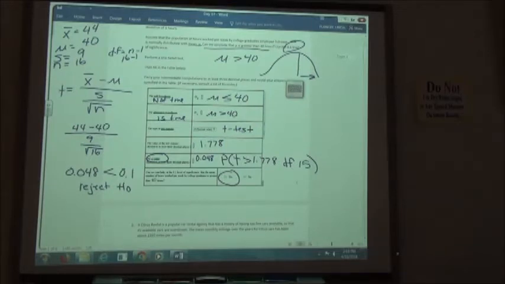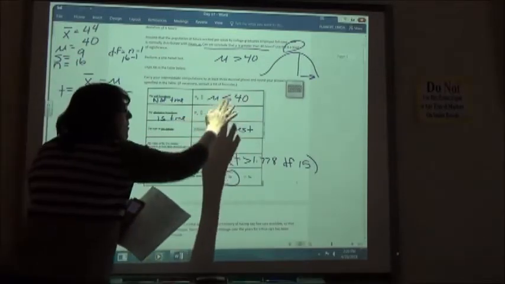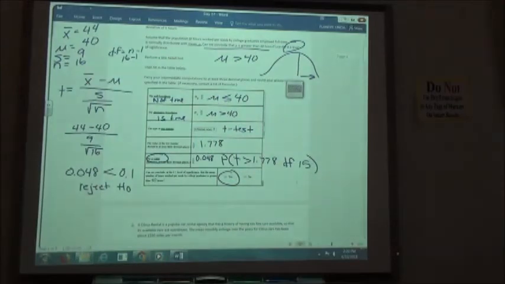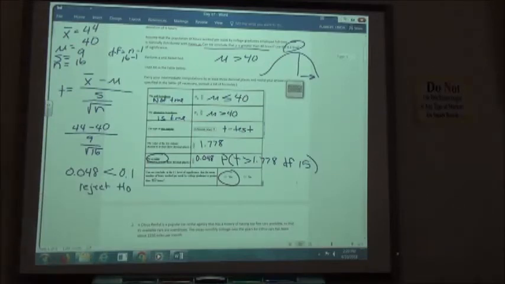And we have the statistics to put in there. So if data is highlighted, cursor over to stats. Okay? So the μ0 is the same thing as the μ here. What are we comparing? That's going to be our 40. X bar, 44, what we had there. Sample standard deviation is our 9, that's our s.